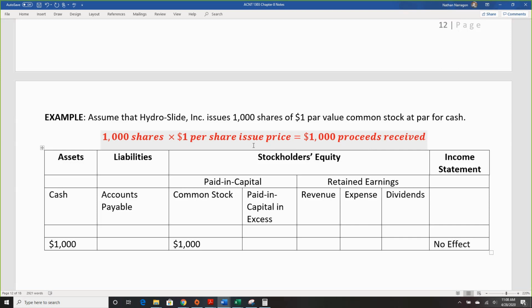So this tells us we're going to receive $1,000 in cash. So in our tabular, we're going to show cash being received, $1,000. And again, the reason why is that we have common stock of $1,000 that got issued. Okay? It has no effect on the income statement.